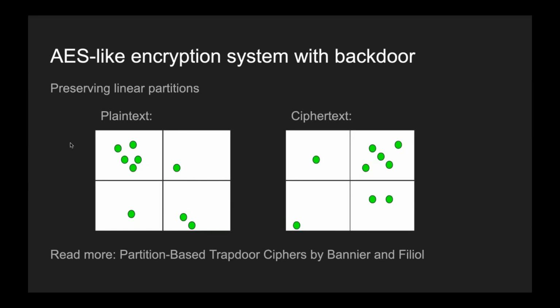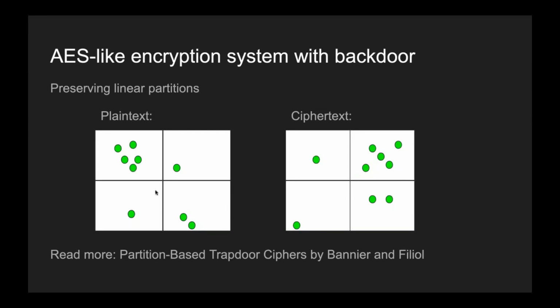So the idea here is called preserving linear partitions. Preserving just means keeping together. Partitions just means splitting it up. So in this example, I've simplified this a lot, but imagine moving from these plaintext dots, and each one of these dots is sent to some dot over on the right in the ciphertext.